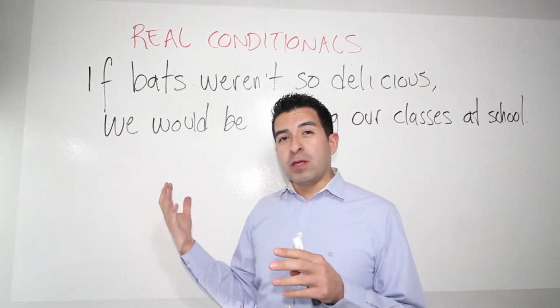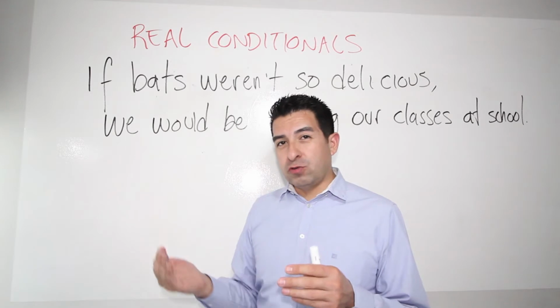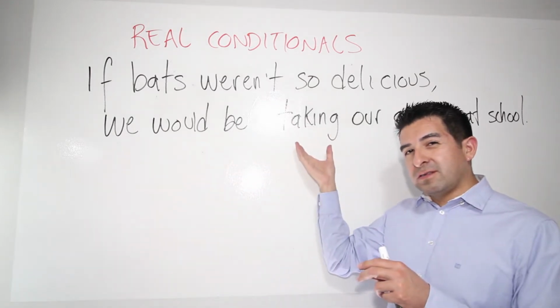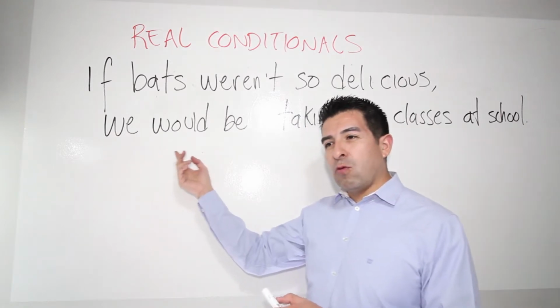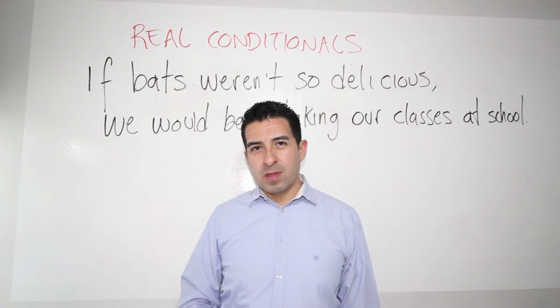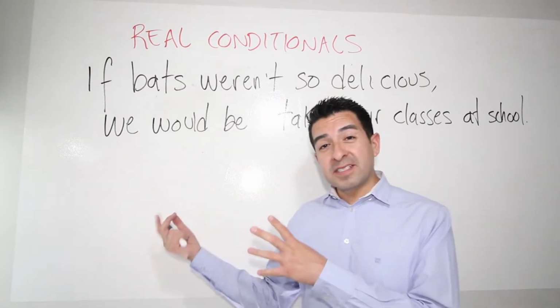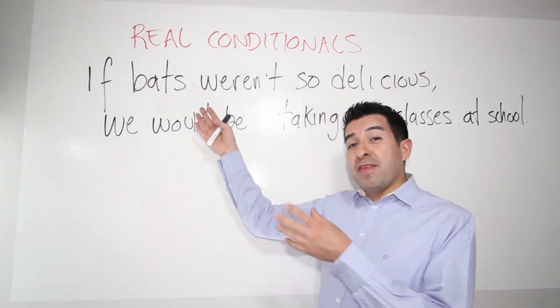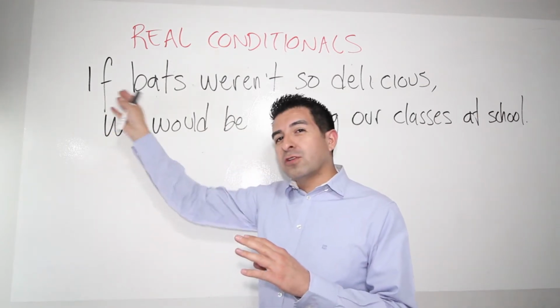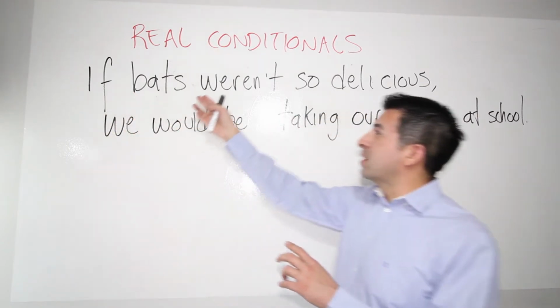Alright, here we have an imaginary situation. If bats weren't so delicious, we would be taking our classes at school. In these kind of sentences, we're going to use the past simple in the first part. In the if clause, we're going to use past simple.